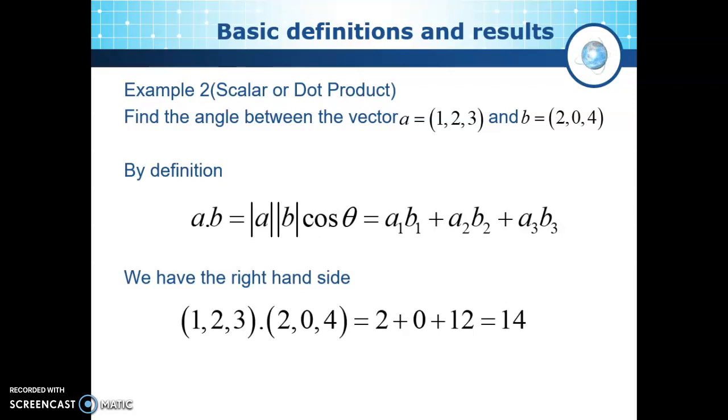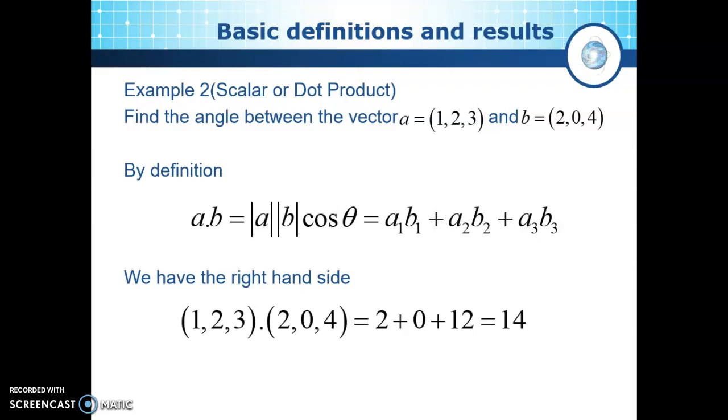Then scalar or dot product. Find the angle between the vectors. Your job here is to find the angle between two vectors A and B. By definition, A dot B equals magnitude A times magnitude B cos theta, right? So you get A1 times B1 plus A2 times B2 plus A3 times B3.